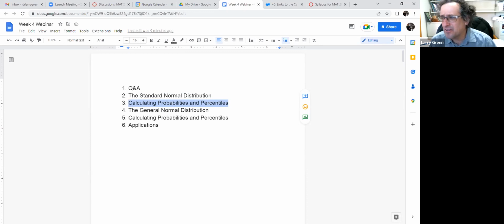And just to let you know, it's very different than chapter 5. In chapter 5, we drew a rectangle, and then we did area equals base times height, and worked it out that way. With the normal distribution, you can't do it that way, and you can't just quickly find the area with some simple formula.